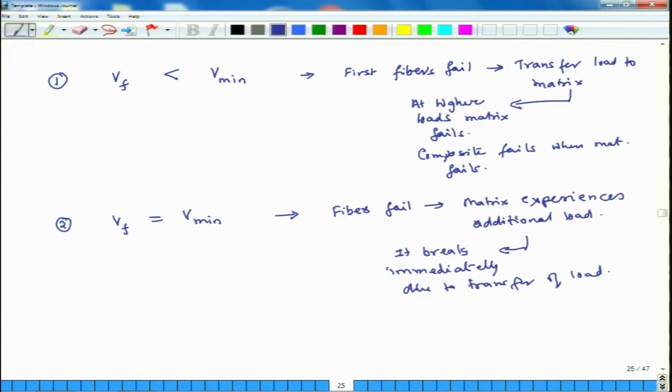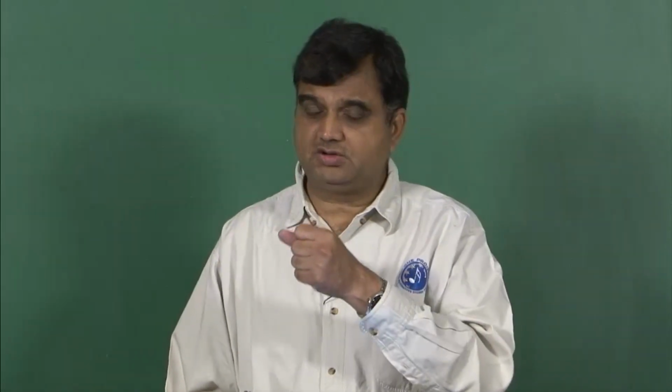So, what happens is fibers fail, and suppose fibers are taking a load of 1000 newtons, that 1000 newtons gets shifted to matrix, and all of a sudden matrix experiences 1000 extra newtons, and it is not strong enough to bear that extra load. So, it also fails at the same time.